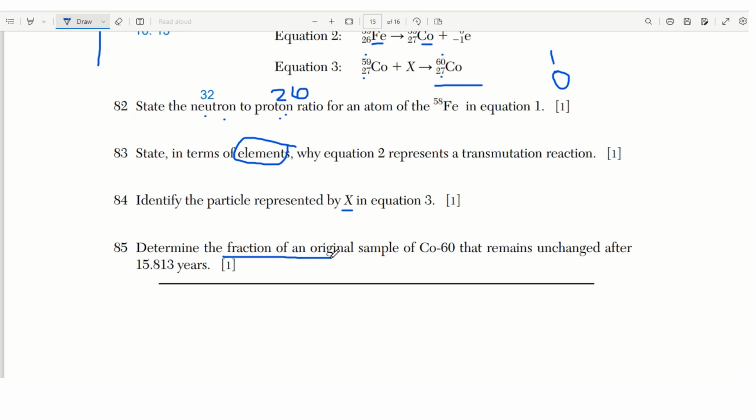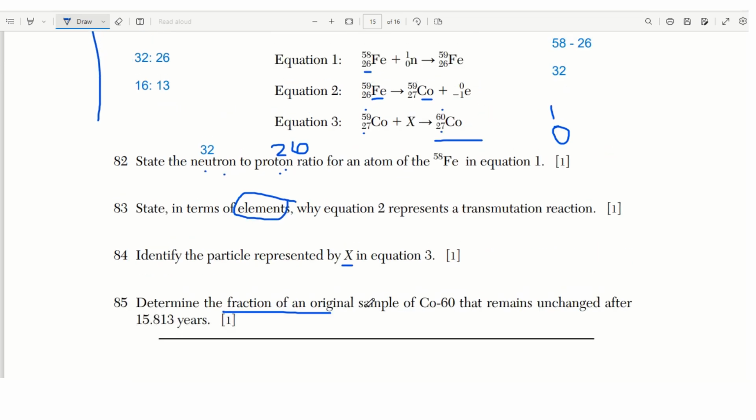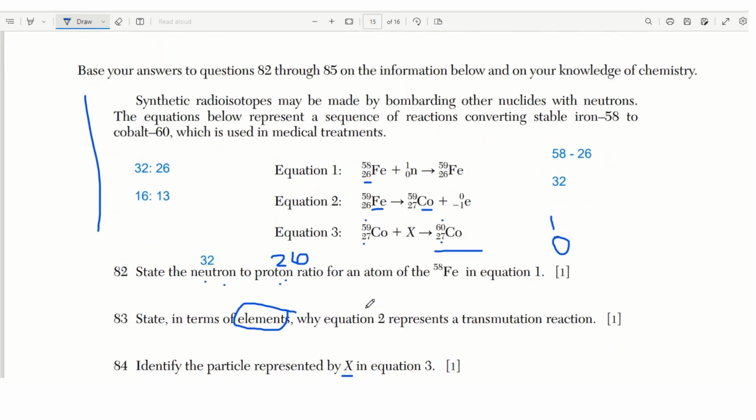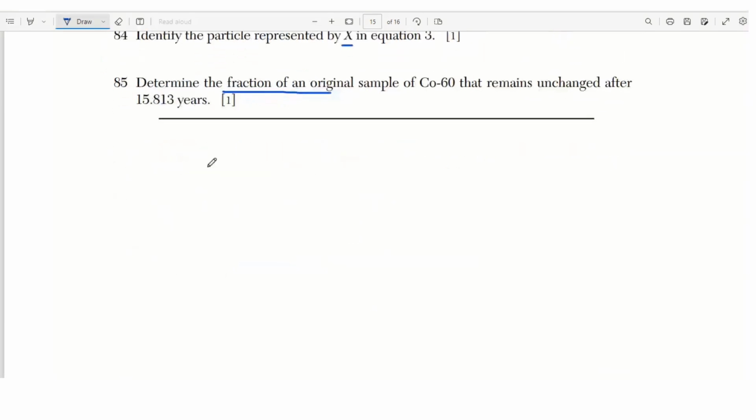One last question. Determine the fraction of an original sample of cobalt-60 that remains unchanged after 15.813 years. Okay, so when I start with 1 whole, right? Then I have a half left after 1 half-life. After 2 half-lives, I have a quarter.